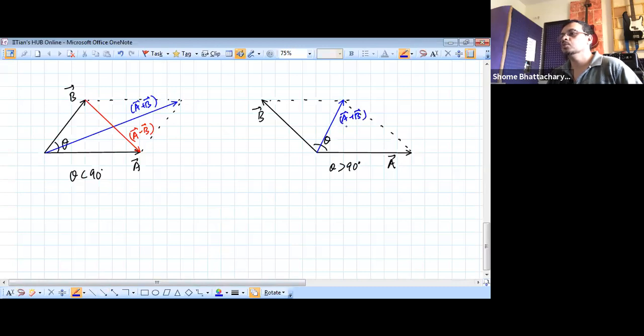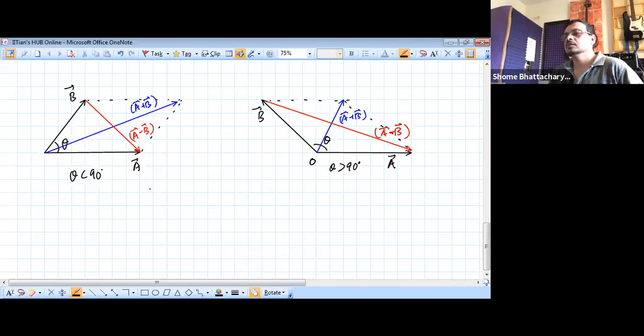The moment theta becomes obtuse, the parallelogram is stretched in such a way that this diagonal, the one which represents head to head, or the difference of the two vectors, is longer than the one which is from the common origin to the other side. So this is a nice visual way to remember this condition.